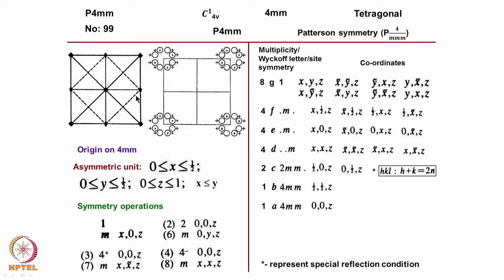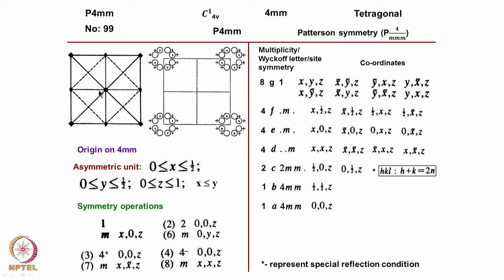There are many ways of representation. Those symbols you don't bother about, but now you just look at what are the symmetry elements which are associated with it. It has a fourfold symmetry at 2 points. Twofold symmetry is there at 2 points, correct? Then mirror is there. Okay, two types of mirrors.